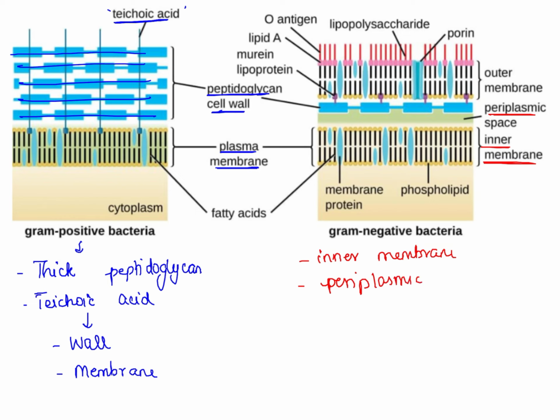And next to the periplasmic space comes the peptidoglycan cell wall. Here we can appreciate the thin, single layer of peptidoglycan. Therefore, peptidoglycan is present in both gram-positive and gram-negative bacteria, but it is thin in gram-negative and thick in gram-positive cell wall.